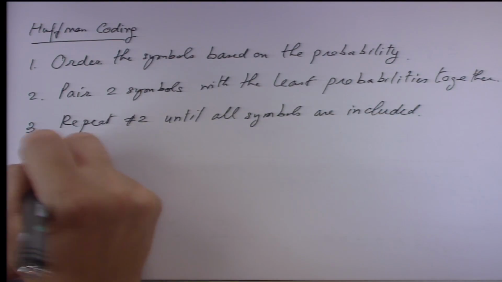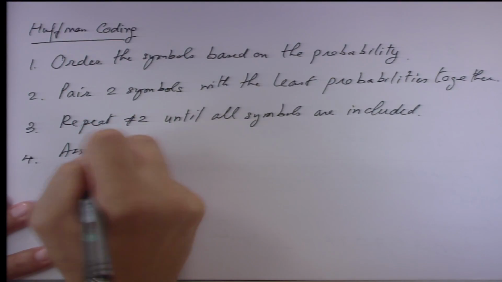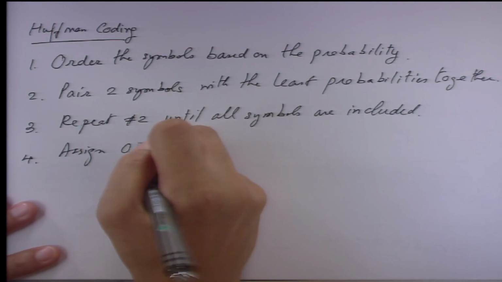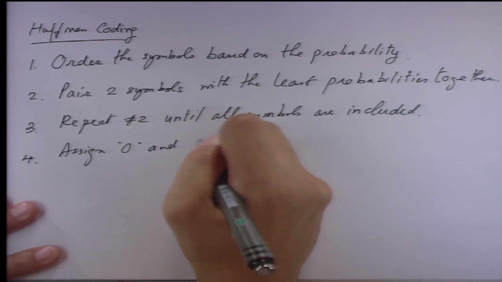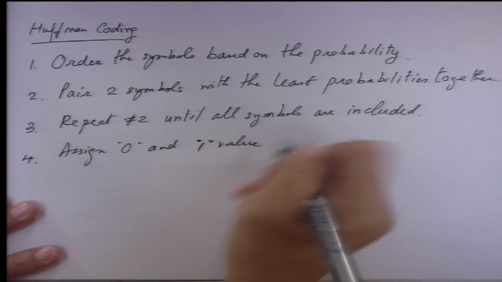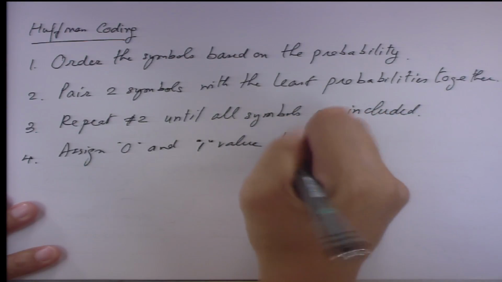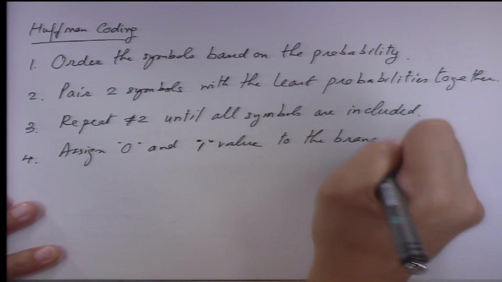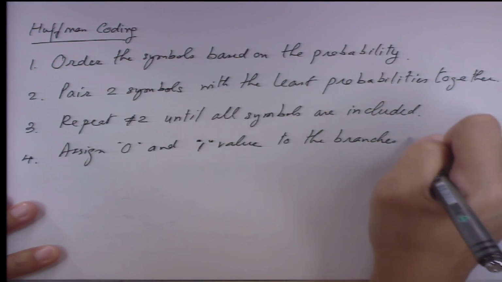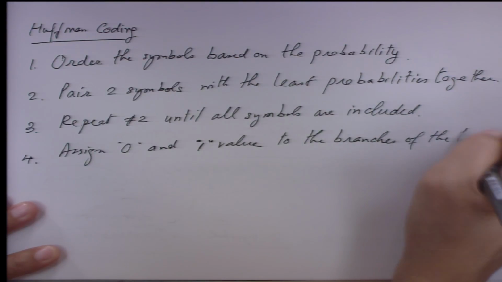Four, you assign 0 and 1 values to the branches of the tree. You will see a tree in a minute.